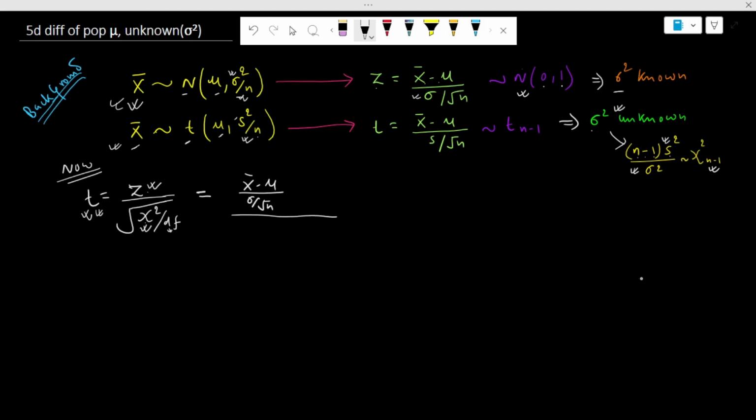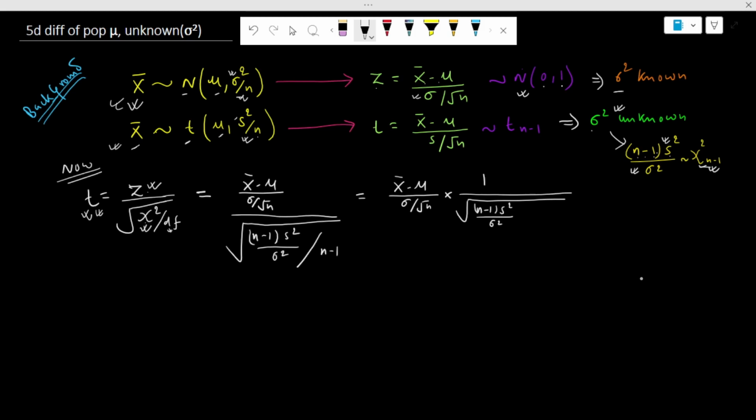Our chi-square distribution is (n-1)s squared divided by sigma squared, and if we further divide it by its degrees of freedom, n-1, the n-1 cancels out, so we are left with the square root of s squared by sigma squared. So this is equal to s divided by sigma.